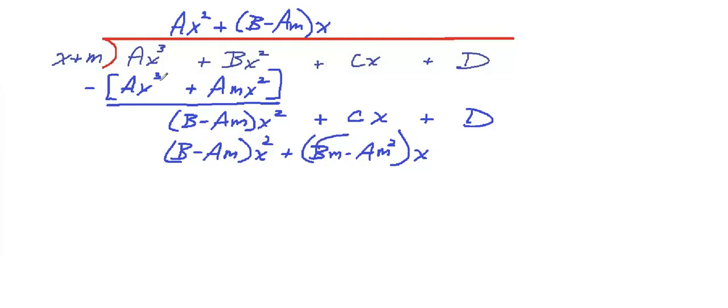Okay, so this came from this times this, so that m just has to distribute to each of the two terms there. Now we subtract again.